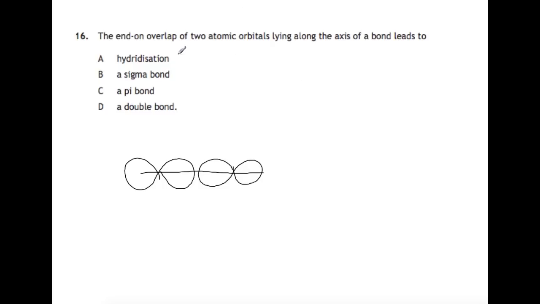Hybridization is the mixing of orbitals, so it's not going to be that one. A sigma bond is always along the axes. A pi bond is where it would be up and down, so sideways overlap with the bond being here. And a double bond is where you've got a sigma and a pi. So our answer here is B, a sigma bond.